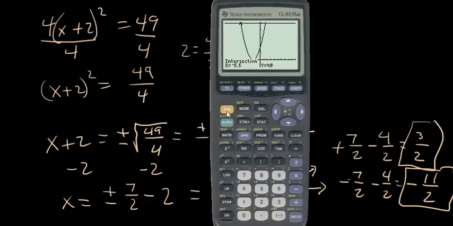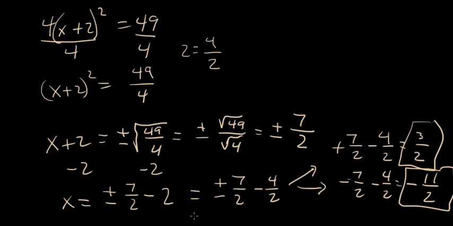And then find the intersection again here, calculate, and number 5 is intersection, and move it over here, and enter, enter, enter, and 1.5, 3 halves. Okay, so that's how you do that.